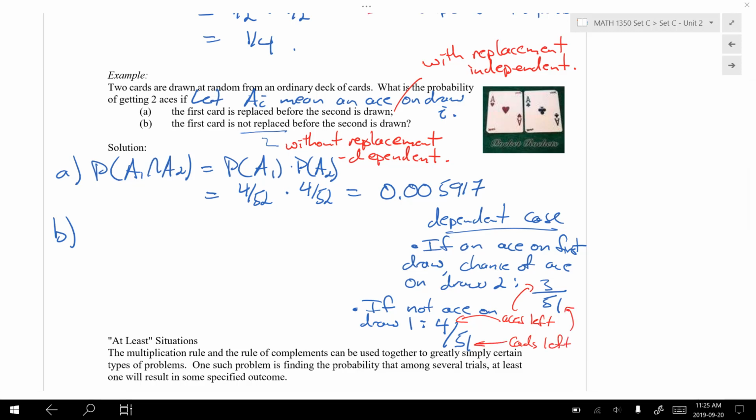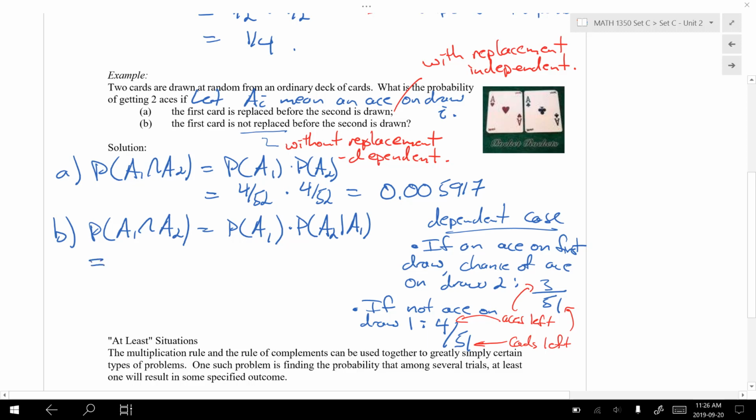Okay. Let us use these here to solve our problem. We're interested in the probability of getting 2 aces, a pair of aces. We will use the multiplication rule for dependent events, as shown here. So we'll find the probability of selecting an ace on the first draw, which is 4 over 52. But now we have to multiply by the probability of getting an ace on the second, under the condition that we got an ace on the first one.